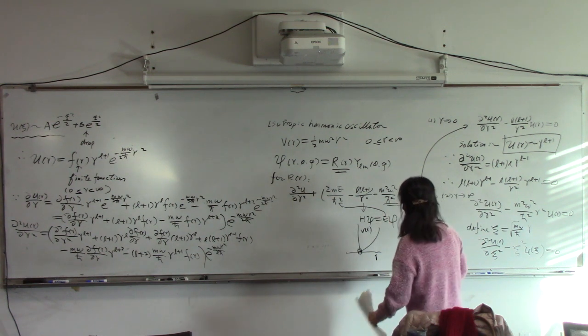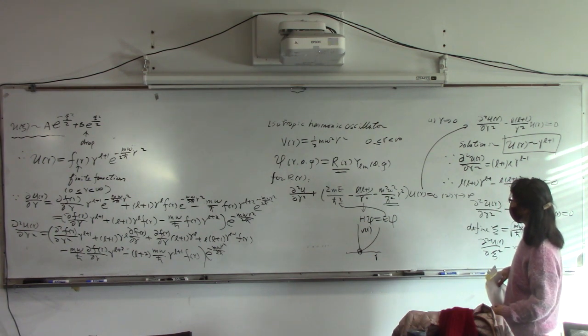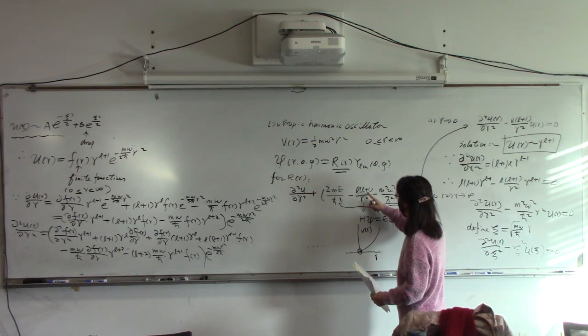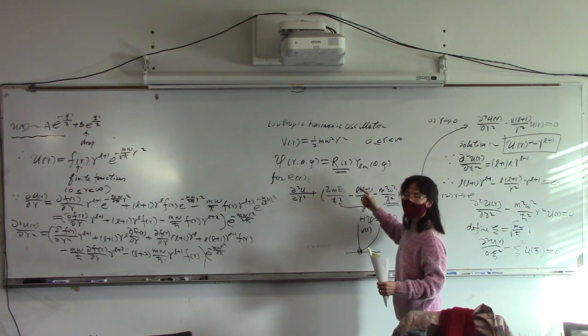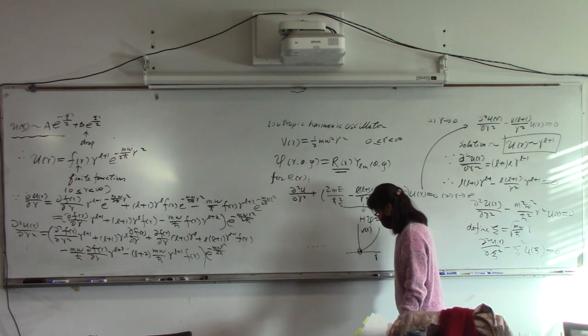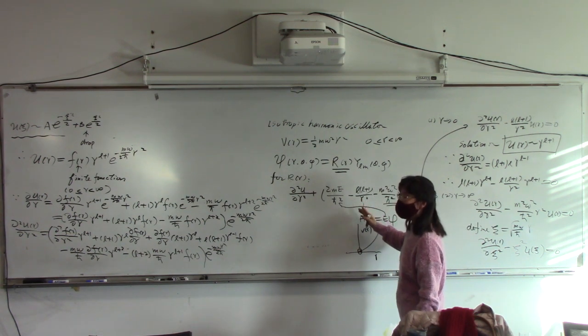Physically, we know that this term is a repulsive potential energy, the centrifugal potential, something like this. So that will diverge.